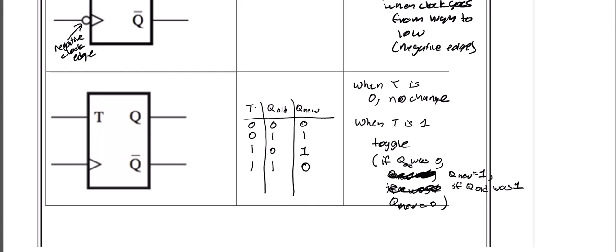So it depends on both T and Q. We haven't done that one, it's not in the graph that we had. We're going to do a new timing chart with T. So that actually just straight up flips it if it's on.